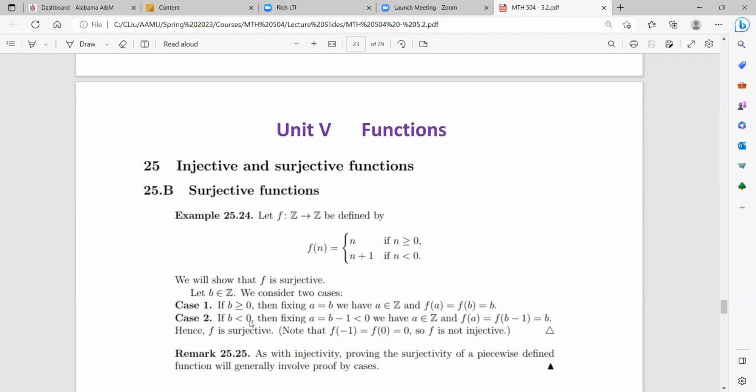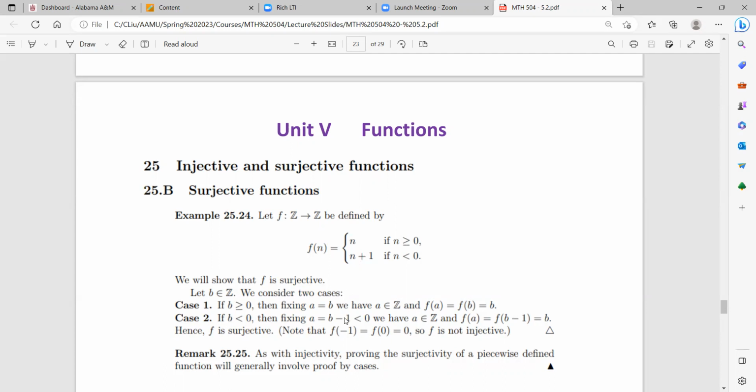What happens if the number you pick in the codomain is negative? Then you just let a equal b minus 1. Because b is negative, b minus 1 is also negative. So f of a will be f of b minus 1. But b minus 1 is negative, so you're going to use the second formula.